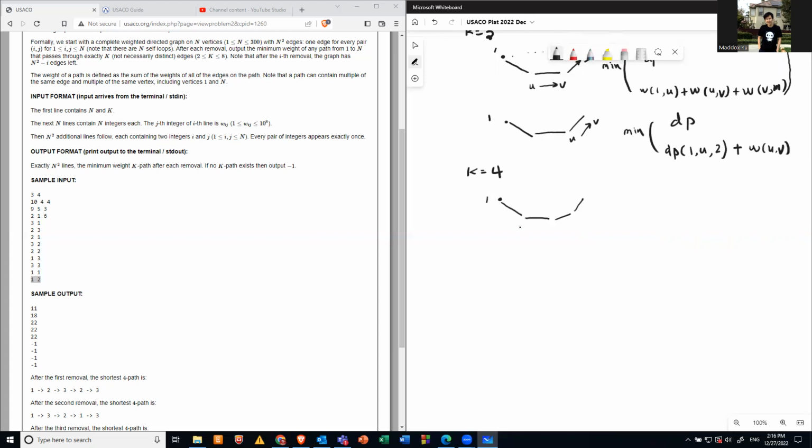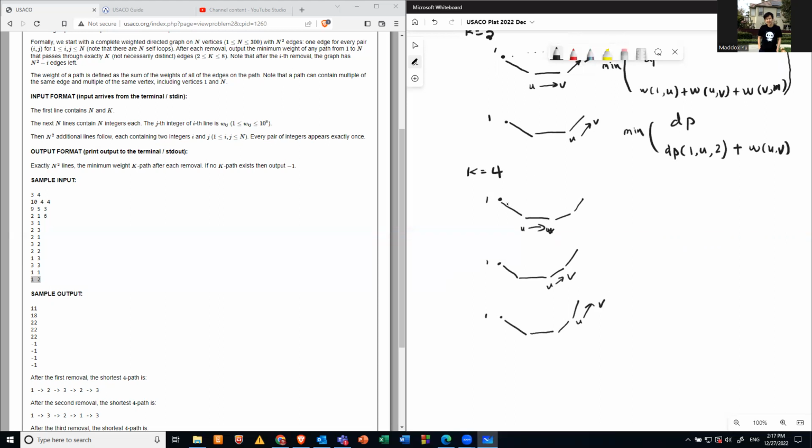4 edges. Same thing. U to V is here, or U to V is here, or U to V is here.